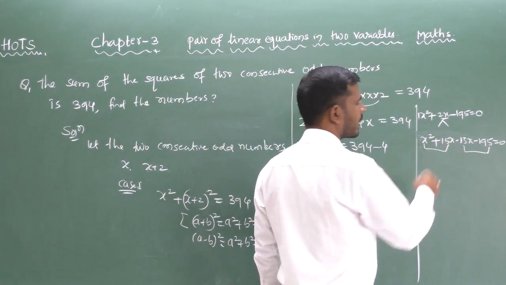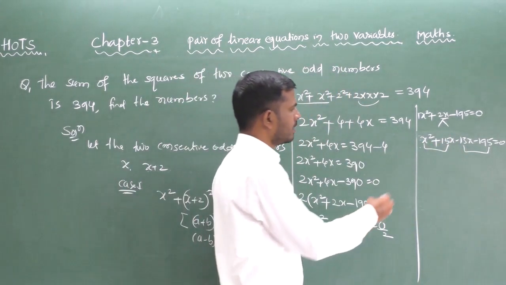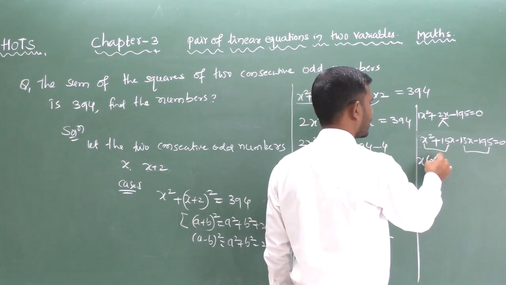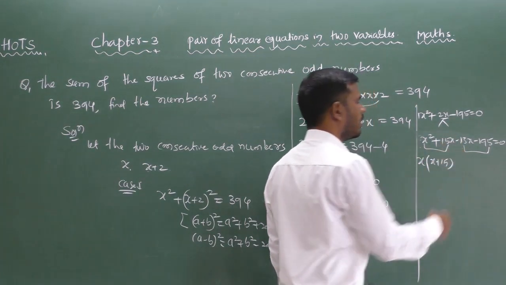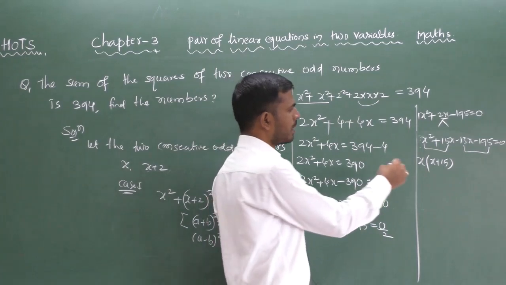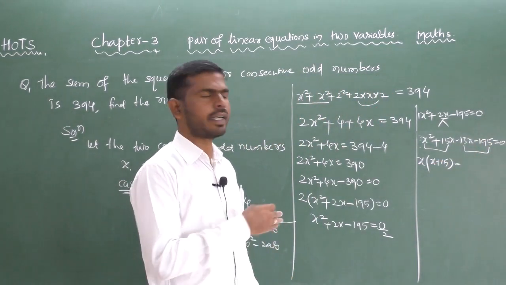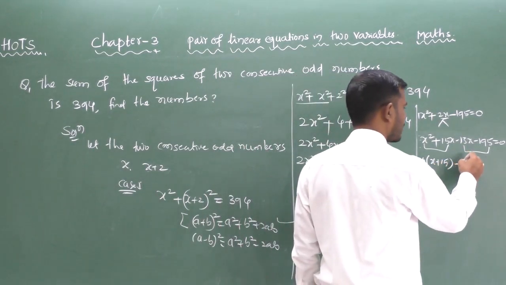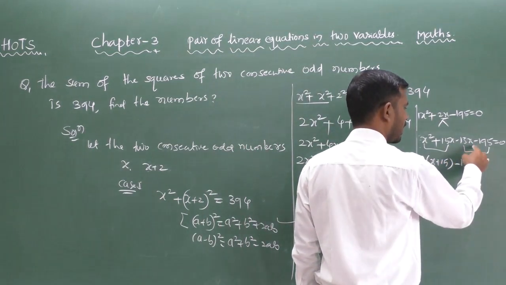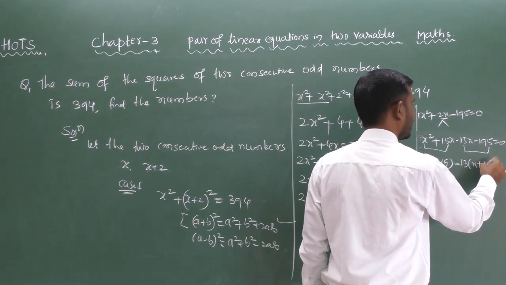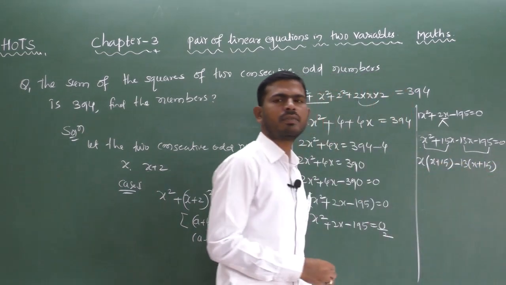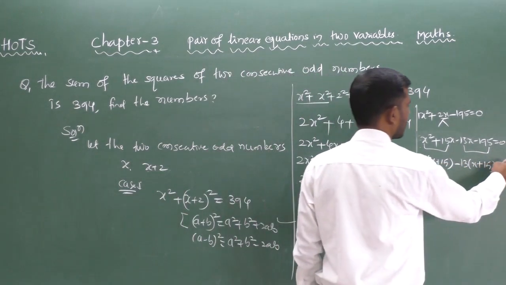Next, the common factor of x square plus 15x is x; take it outside and the remainder is x plus 15. In the second term, the common factor is 13; take it outside and the remainder is, with minus becoming plus, 15, since 13 times 15 is 195, equal to 0.